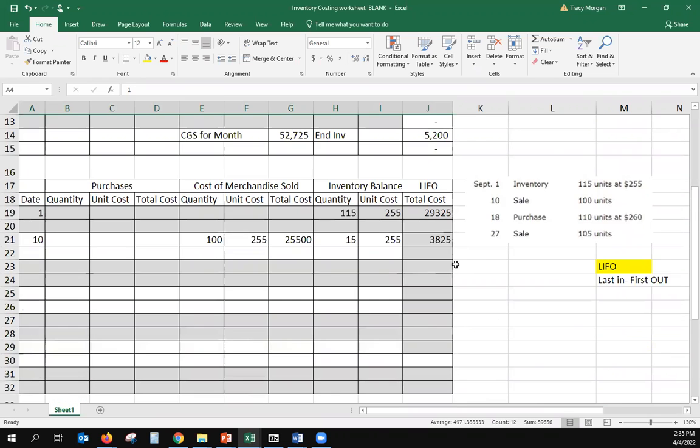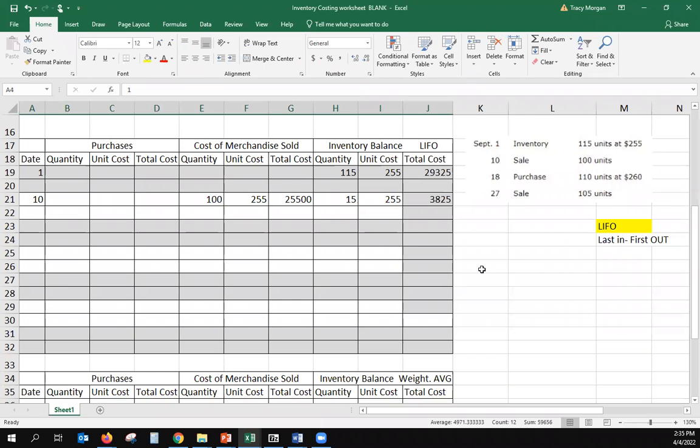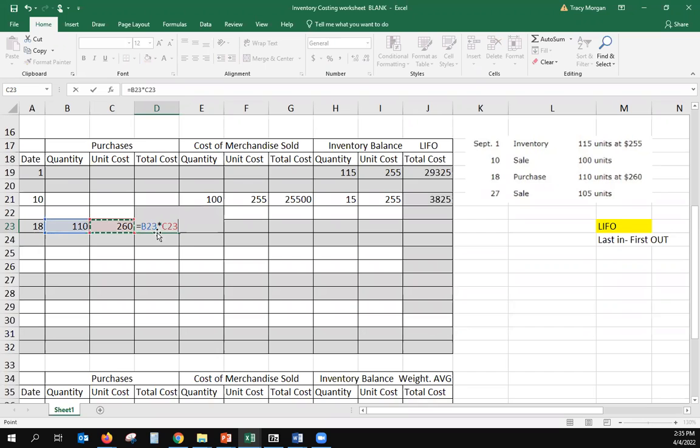So then we're going to go to day 3, which is September 18th. On September 18th, we purchase more inventory. We purchase 110 units at $260 for a total cost of $28,600. At this point, we have 2 layers of inventory. We have the first layer, which is the older layer, and the second layer, which is the inventory that just came in the door.